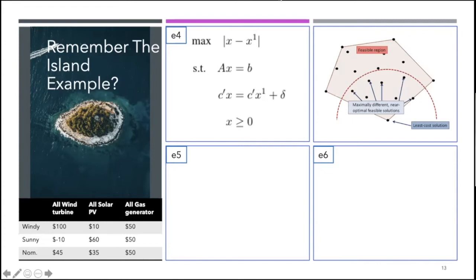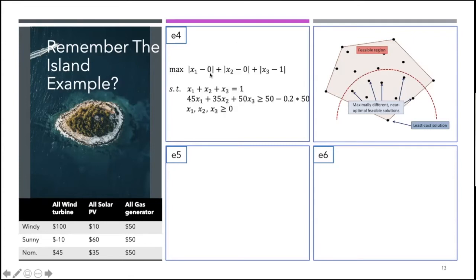Then the formulation would be just x1 minus 0 plus x2 minus 0 plus x3 minus 1, and all of these are absolute values. And the slack parameter here is whatever your profit objective is, it has to be greater than or equal to 50 minus 20% multiplied by your previous objective value.